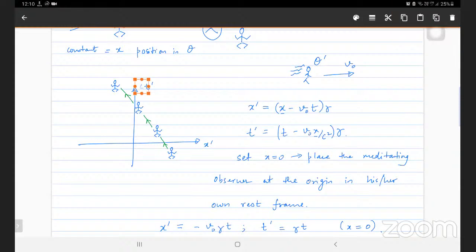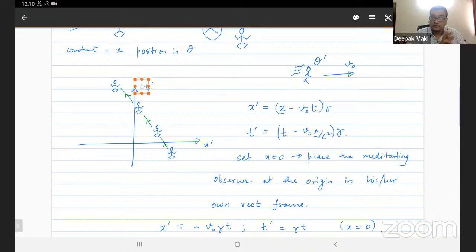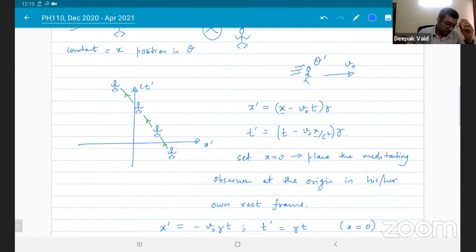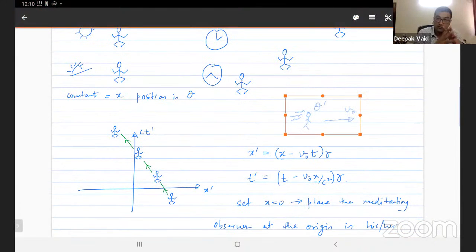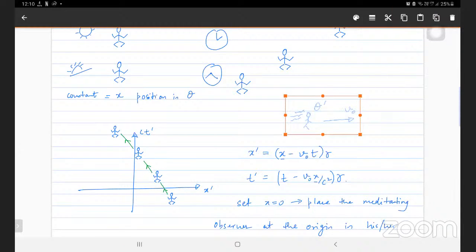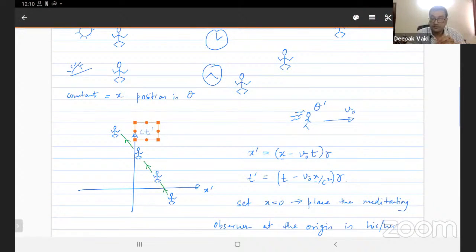And what is CT prime? This is the time of this observer, the running observer, O prime. This running observer has their own clock with them, no? That clock is represented by this CT prime.